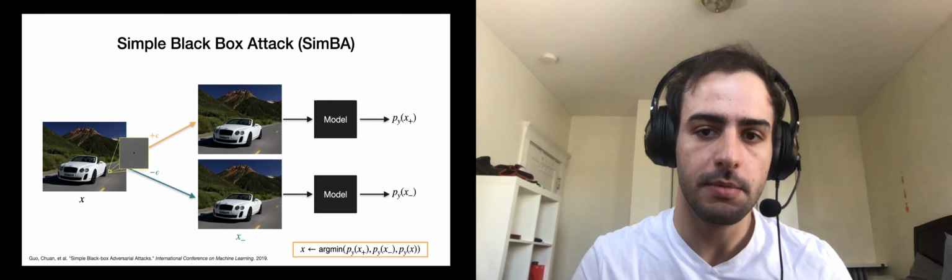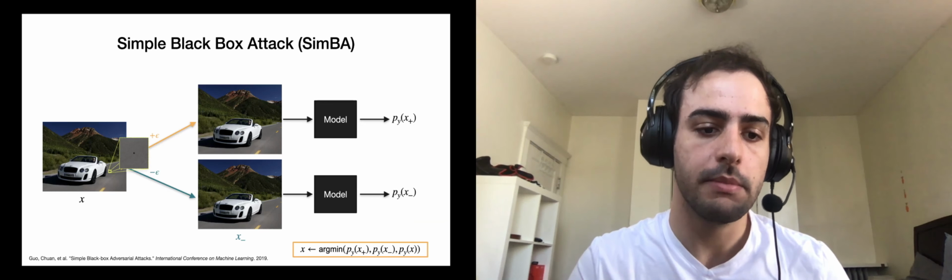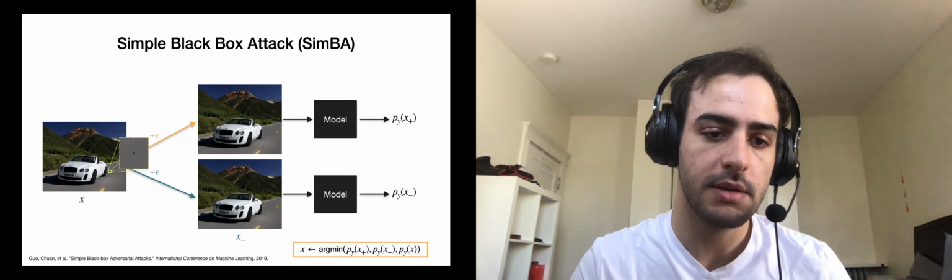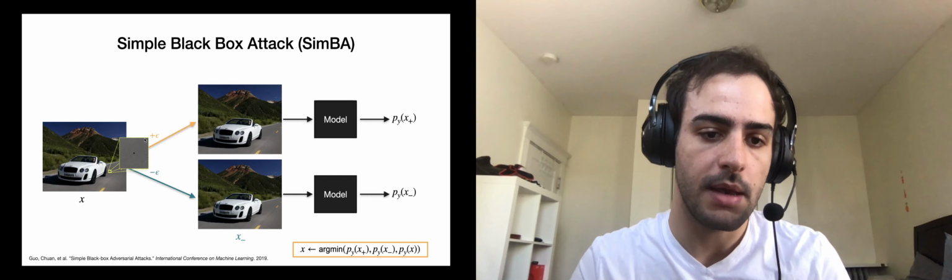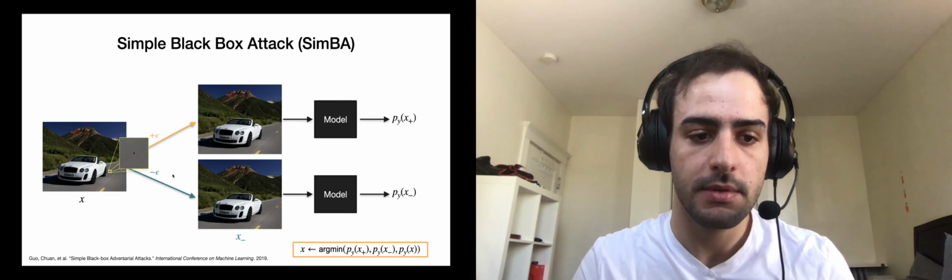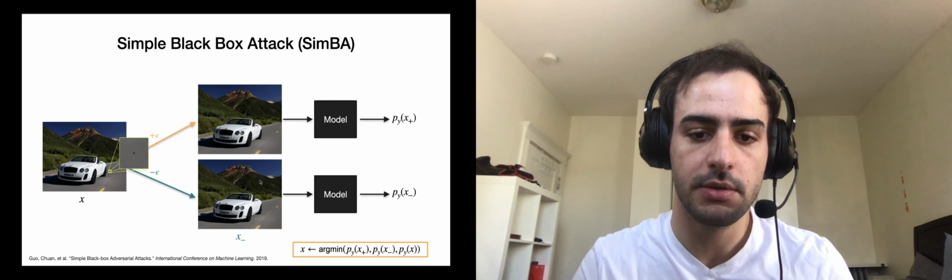So this is the simple black box attack, SimBA, in the classification scenario, where we modify one pixel in the input image in the positive or negative direction using a magnitude epsilon. So now we have three images, the original image and these two modified images.